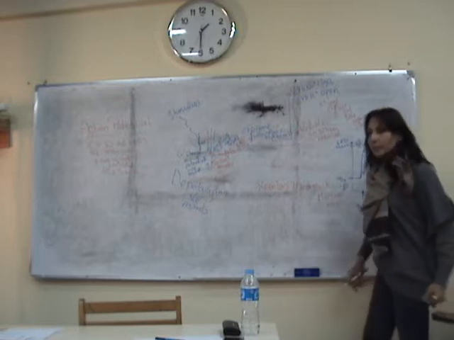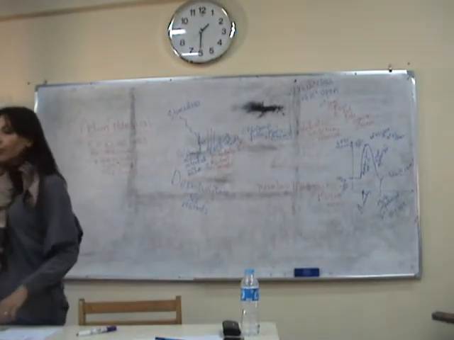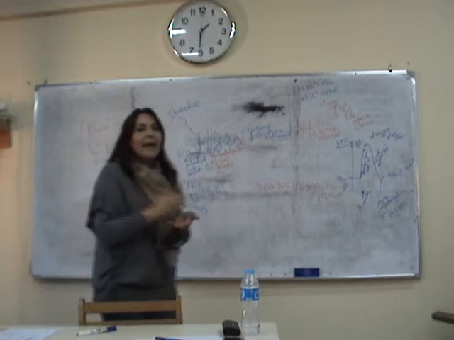So once I reach a positive 40 millivolts inside, the voltage-gated sodium channels close, so there is no more influx of sodium ions inside. And the voltage-gated potassium channels open, so potassium ions start to diffuse out. And when they diffuse out, they are removing the excess positive charges from inside the axon.